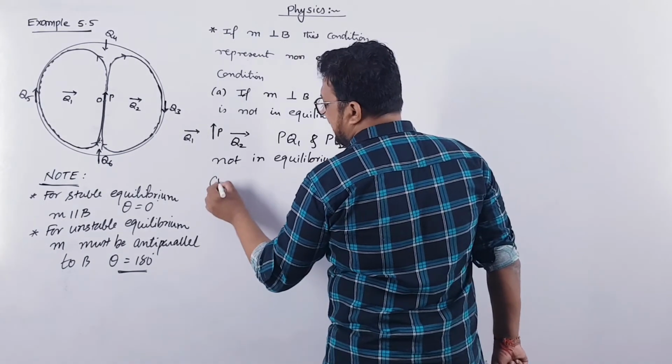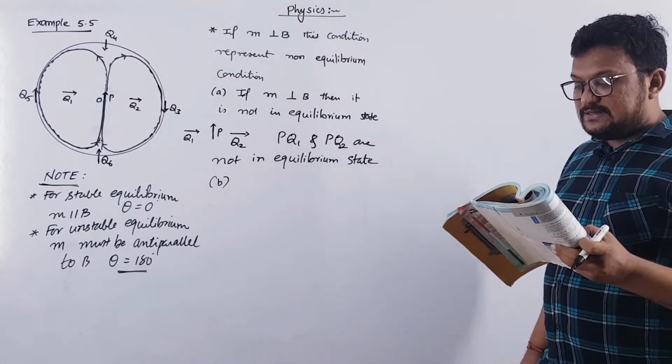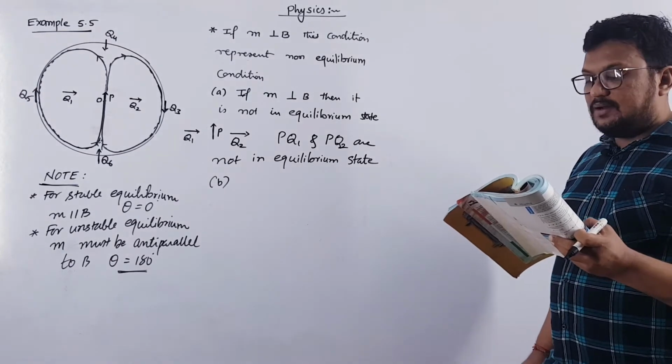Right? Second case, B. In which configuration is the system in stable and unstable equilibrium?